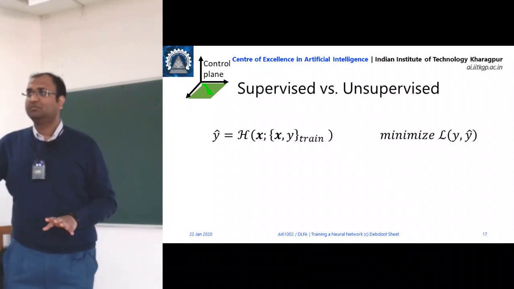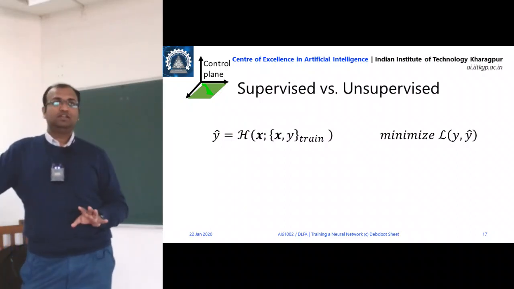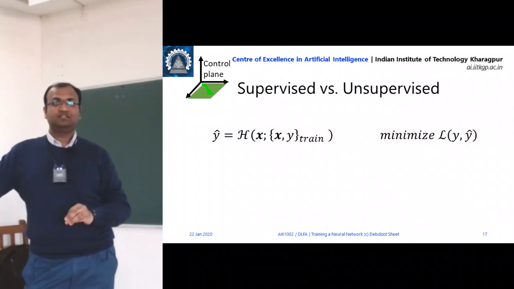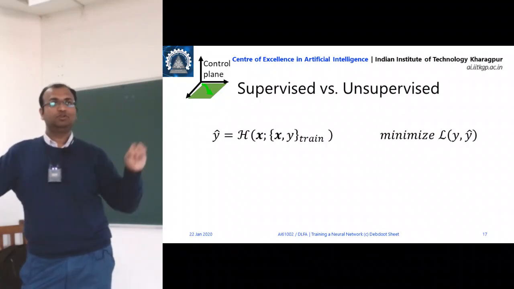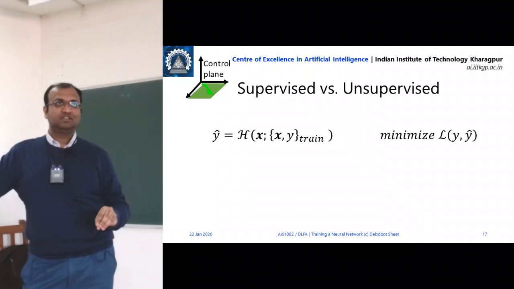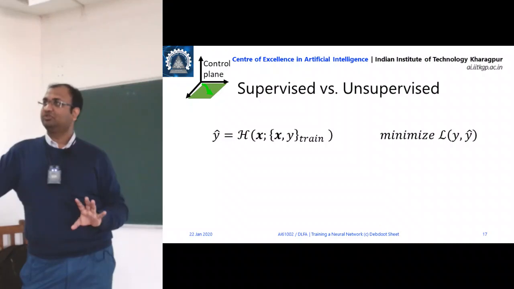Now look into this point. If I have some n number of points and my model is somehow able to memorize all the n points, then in my training data my error can be made 0. Yes or no?